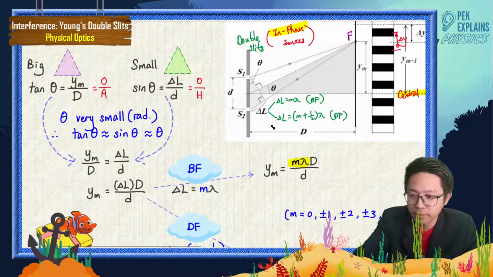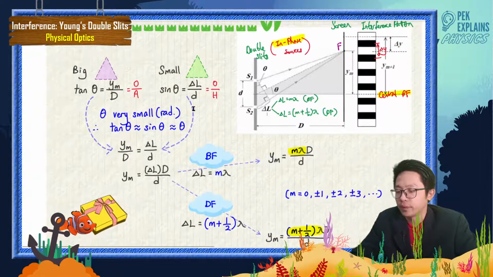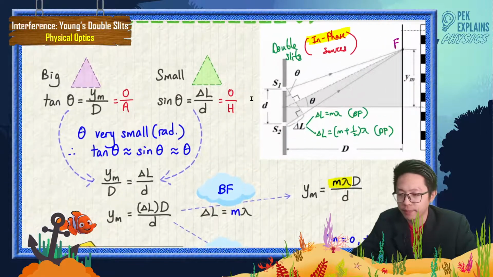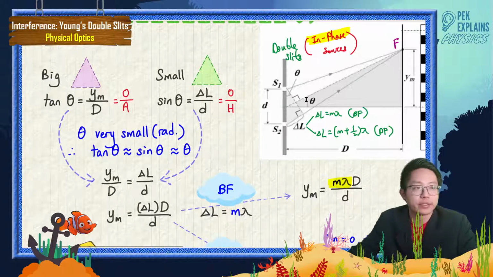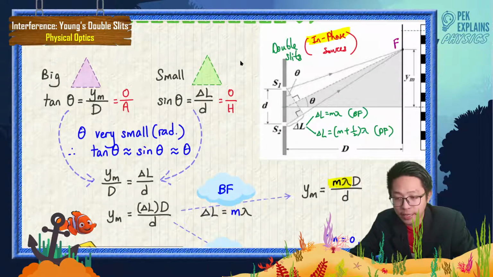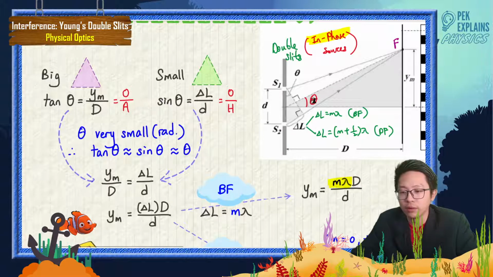Now you see here, this angle theta is actually a very small angle. Why is it a very small angle?